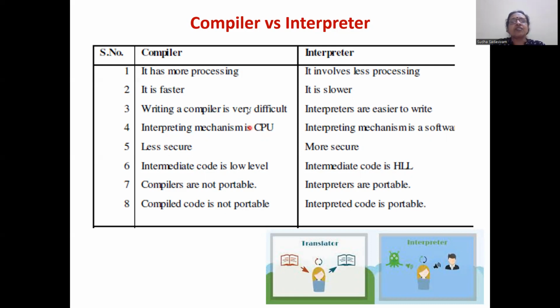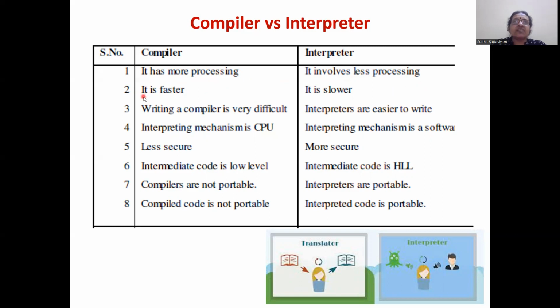Now, we will try to understand the difference between a compiler and an interpreter. To design a compiler, more work is needed, and it is also a complex system. It requires two passes, analysis as well as synthesis, and hence more processing is involved, whereas an interpreter involves less processing.